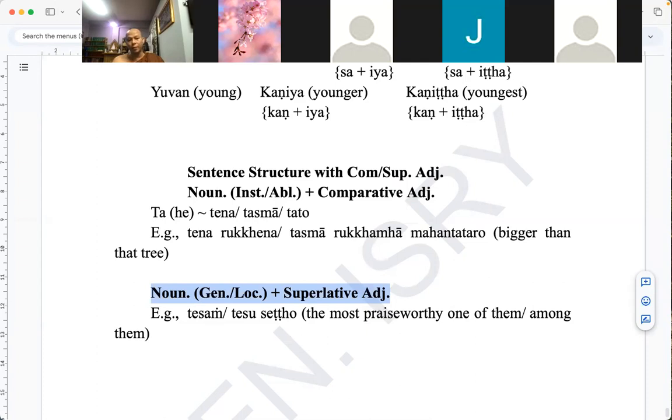No more difference between them. So both cases can be used, genitive or locative. The same way with the comparative adjectives. So that compared noun will be with the instrumental or ablative case, whatever it may be. The meaning is the same. Okay.